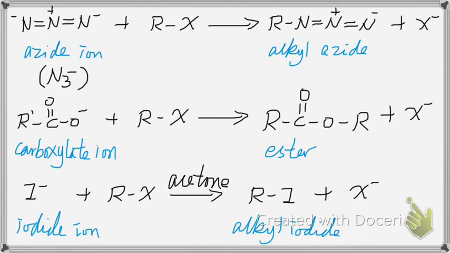Okay, so the iodide ion reacting with an alkyl chloride or alkyl bromide in acetone can serve as a characterization method for alkyl chloride or bromide. And the positive test is the precipitation formed.